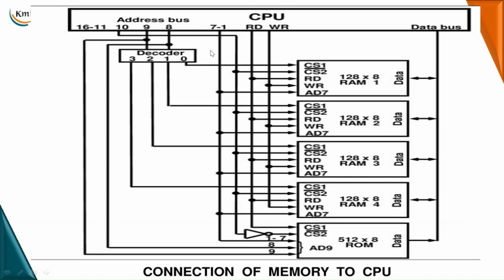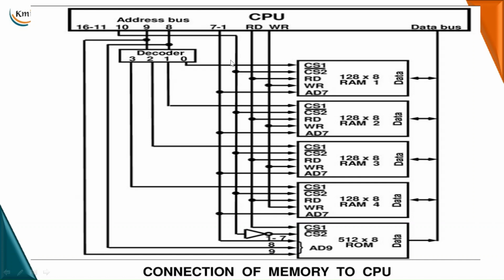Bit 10 specifies whether you want to select a RAM or a ROM. If your 10th bit is 0, then RAM has to be selected. If the 10th bit is 1, then ROM has to be selected.